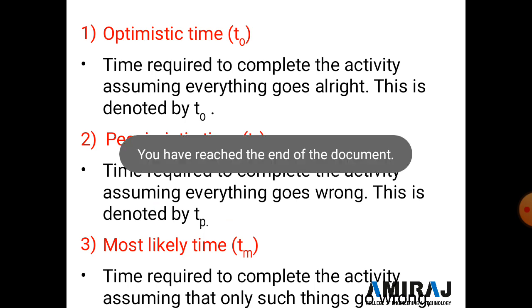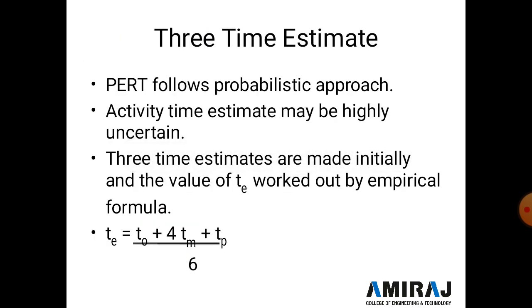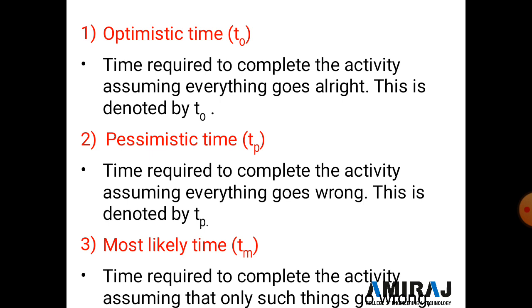Now we discuss what is optimistic time TO, what is TP, pessimistic time, and what is TM, most likely time. So let's start with TO. It is the time required to complete the activity assuming everything goes all right, and it is denoted by TO.